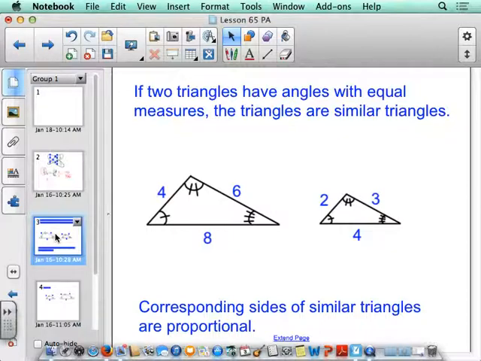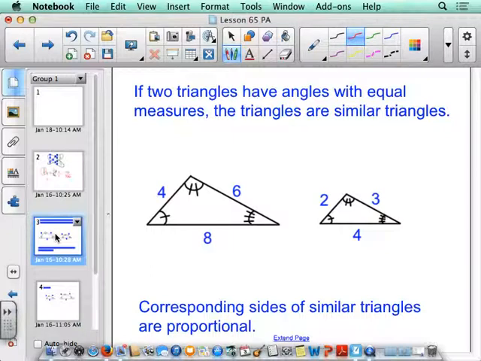Okay, if they were the exact same size, both these triangles, it would be the sides that line up on top of each other. So the side opposite angle 1, here's your angle 1, and this side corresponds with the side opposite this angle 1. So 6 and 3 correspond. Okay, they line up.